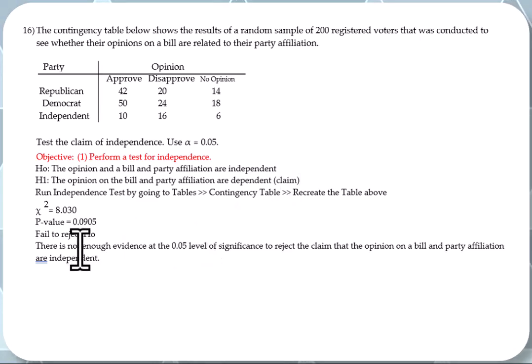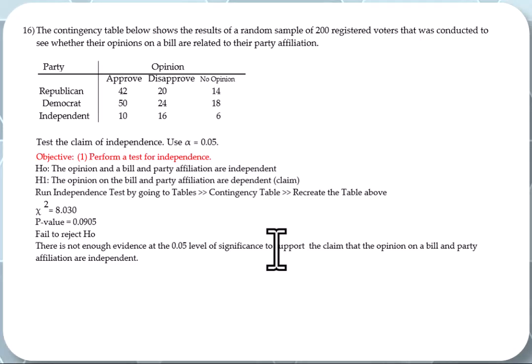Okay, so there is not enough evidence at the 0.05 level. We fail to reject H0. That means we cannot support the claim. There is not enough evidence at the 0.05 level of significance to support, or we can say to conclude, if you like, to support the claim that the opinion on a bill and party affiliation are dependent.